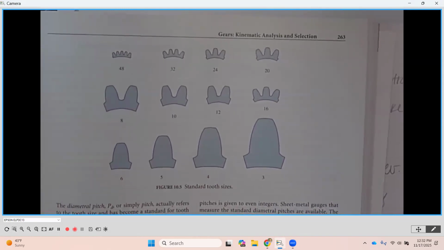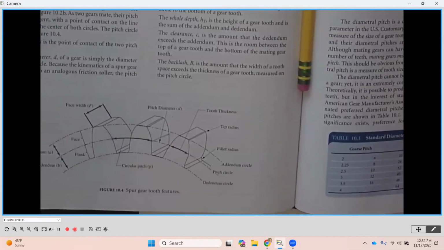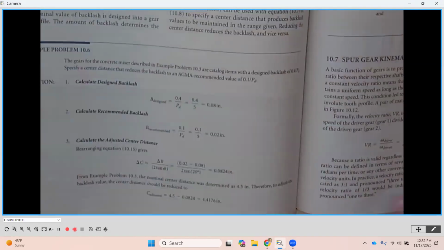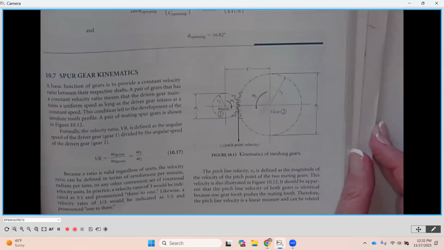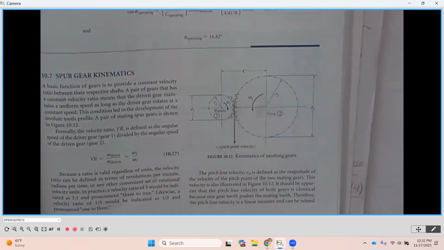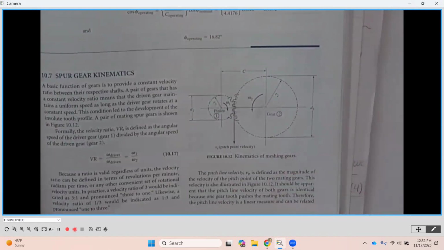So, pitch diameter, lowercase d, is the physical, numerical size of the diameter that we mesh with the other gear. As we saw a couple pages down on page 273, pitch diameter is here. Okay, pitch diameter as it goes around. That's a physical size, and that's lowercase d, pitch diameter.